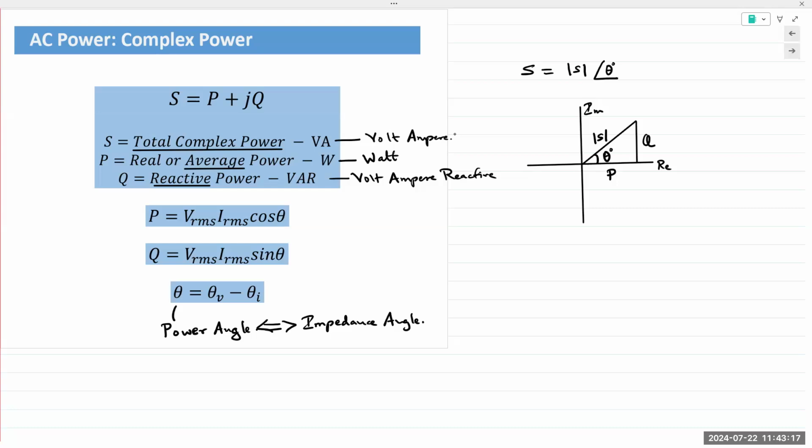Unit is volt ampere. And S is equal to P plus jQ, or P plus Q, but we use the imaginary number to make our math easier. P is our standard power associated with the resistance. Q is the reactive power associated with an inductor or capacitor, and it has units of volt ampere reactive, VAR.